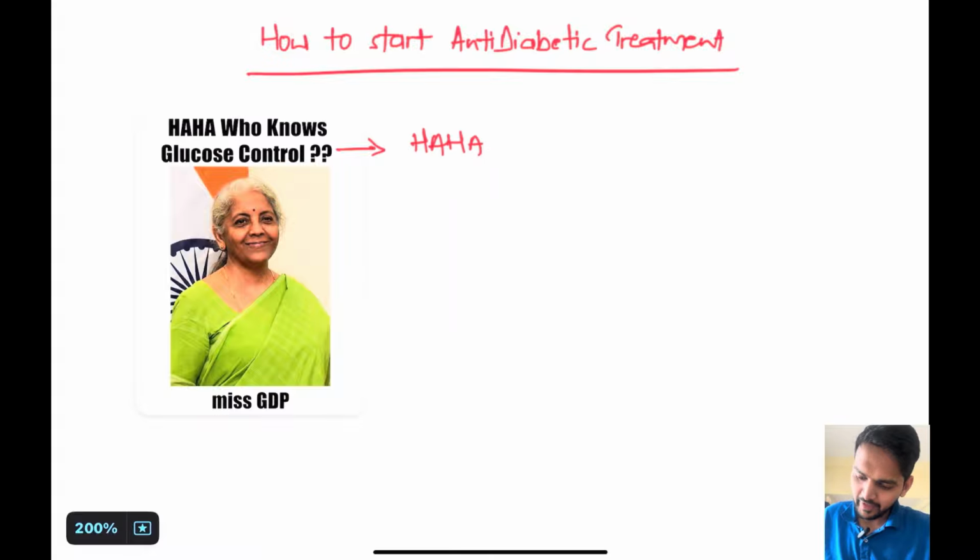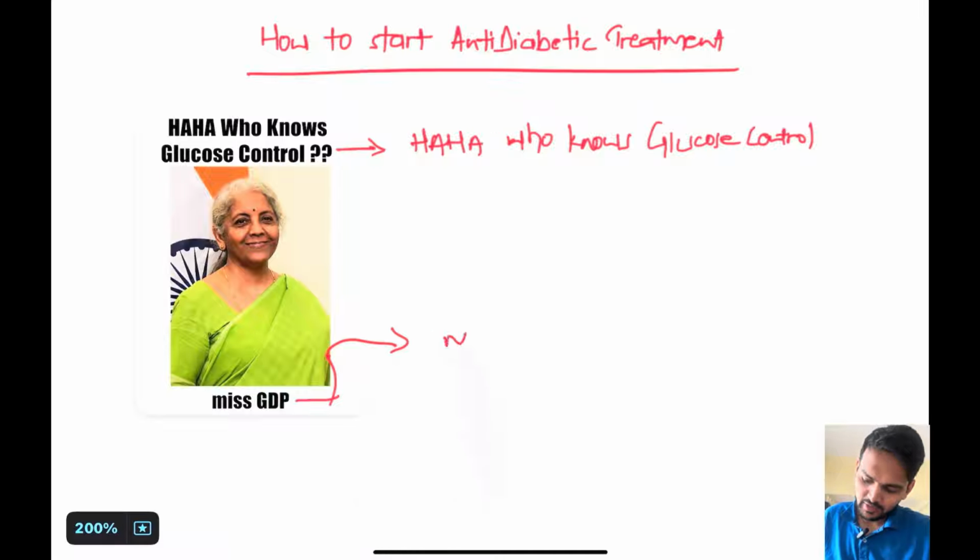Just a faint smile and ask, who knows glucose control? This point we have to remember. And the answer for that will be Miss GDP. So these two things we have to remember when we are considering anti-diabetic therapy.